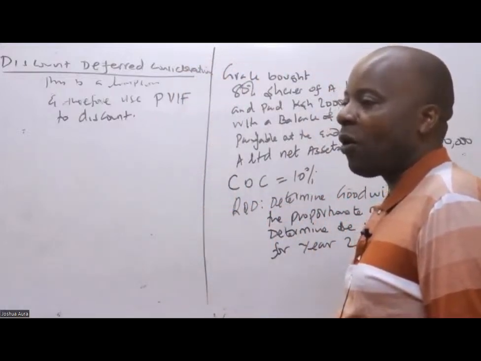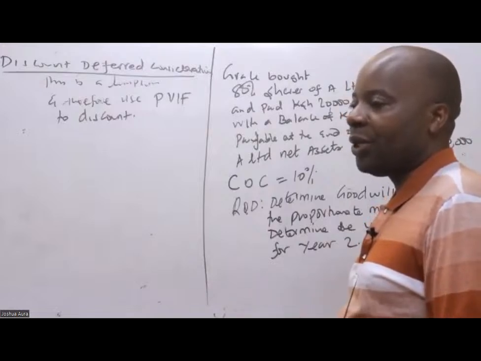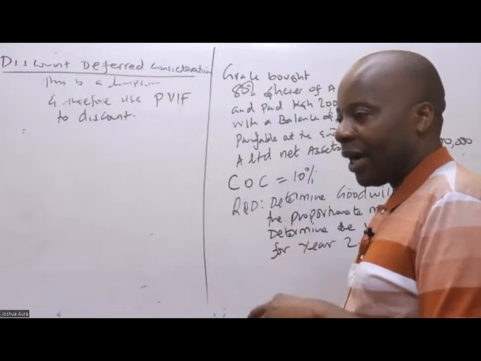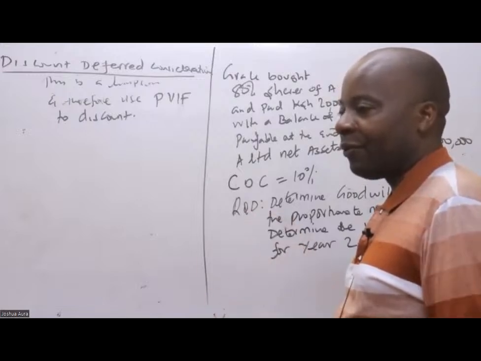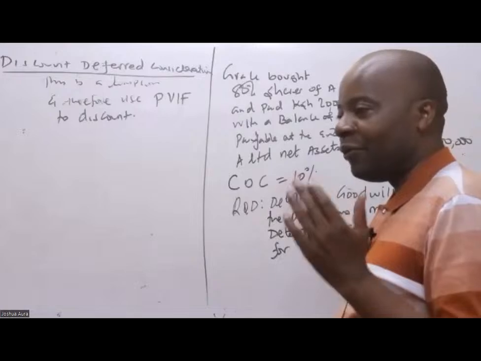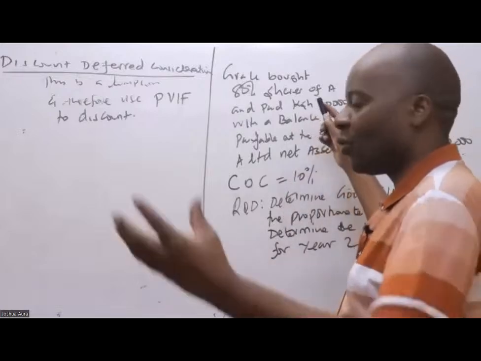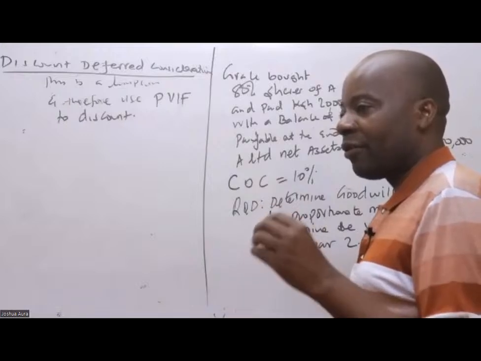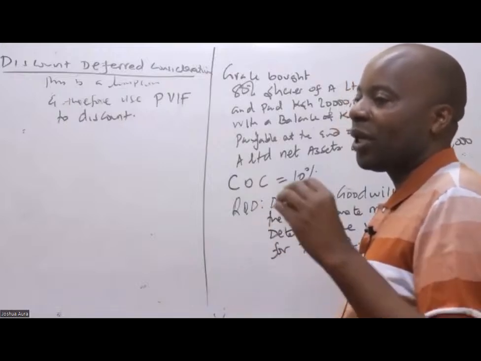PVIF stands for present value interest factor. Remember, we have got PVIF and PVFA. Here we shall use PVIF because this is a lump sum, one-off amount.